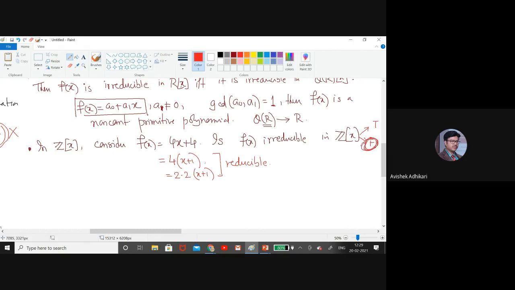Now if I ask you the same question, is f(x) equal to 4x plus 4 irreducible over the quotient field of Z[x], that is Q[x]?